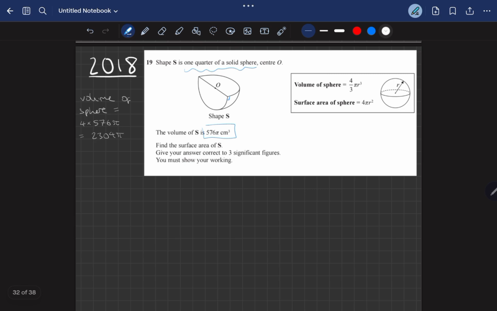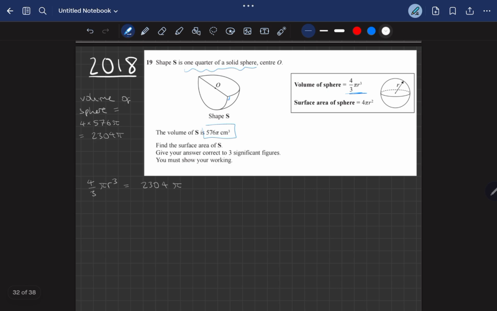Okay? And that means I know that volume of the sphere, if I use this formula, 4/3 pi r cubed is the same as this. So 4/3 pi r cubed is equal to 2304 pi.